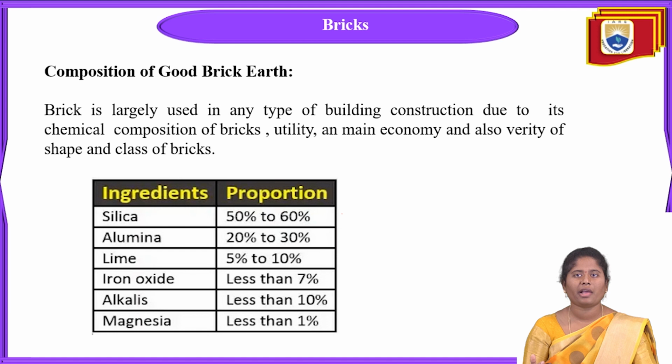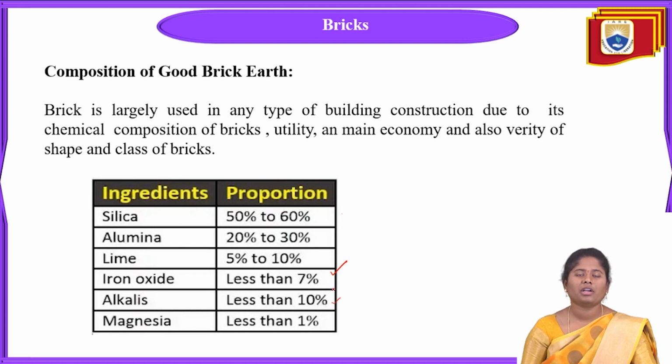Excess of silica or lime will decompose the brick, meaning breaking of the brick or shrinkage after construction. That's why we use only the normal proportion, the limit proportion for bricks. Likewise, lime should be 5 to 10%, iron oxide less than 7%, alkalis less than 10%, and the last one, magnesia, less than 1% only.